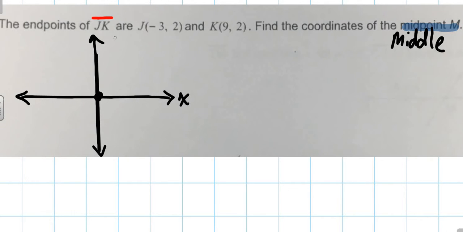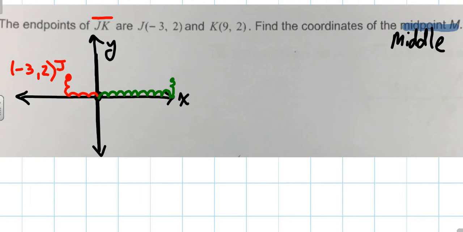This is the x coordinate, the y coordinate. So J is at negative 3, positive 2. So let's go negative 3, positive 2. So the position there is J. And K is at 9, positive 2. So 1, 2, 3, 4, 5, 6, 7, 8, 9.